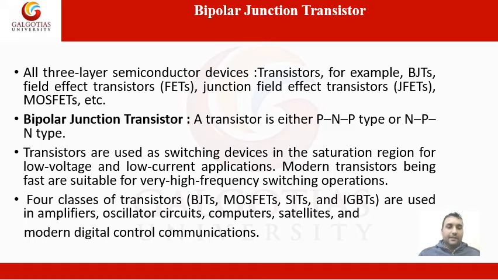The transistors are used as a switching device for low voltage and low current applications. The modern transistors, being fast, are suitable for very high frequency switching operation. The four classes of transistors, BJT, MOSFETs, SIT, and IGBT, are used in amplifiers, oscillator circuits, computers, satellites, and modern digital communication.